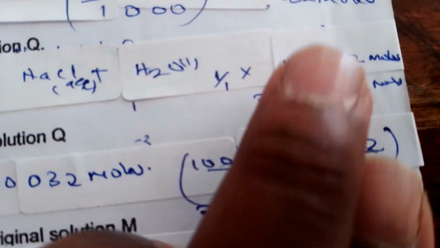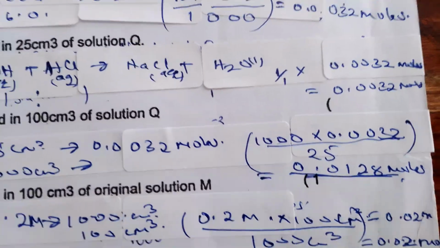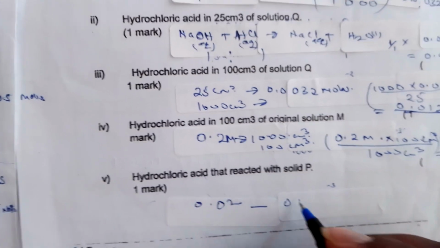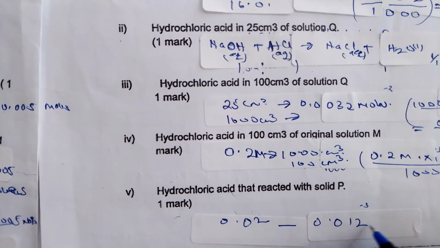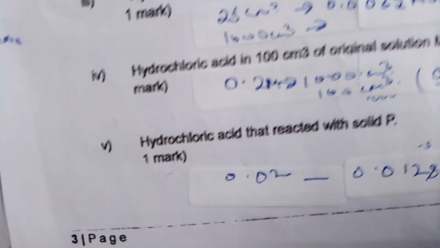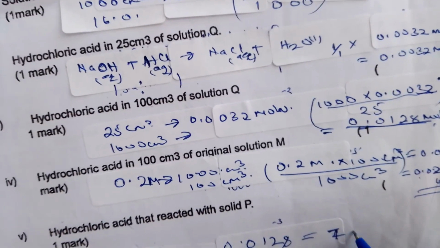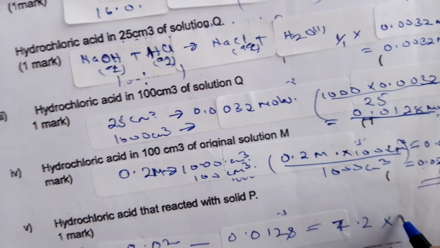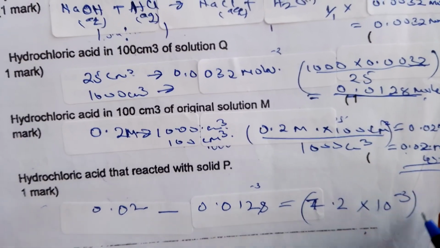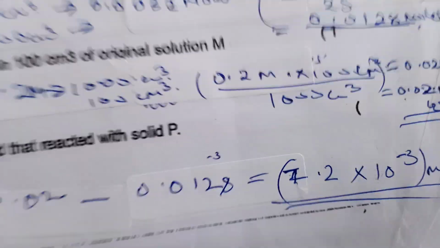We minus this one. Let me use the pen, these ones. So it's going to give us 7.2 times 10 raised to power negative 3. All these are moles. That is the answer, this one.